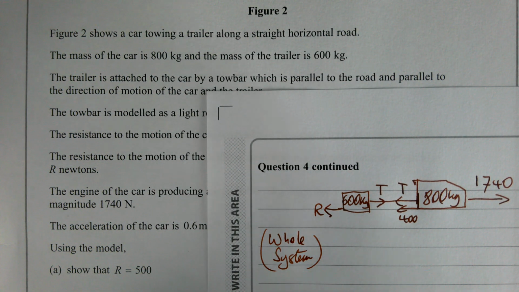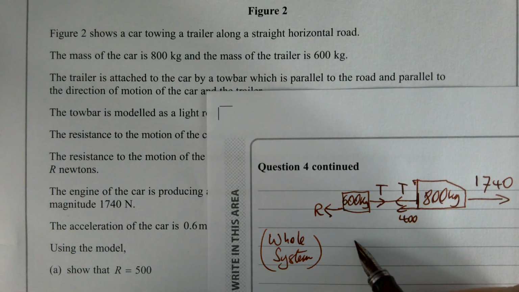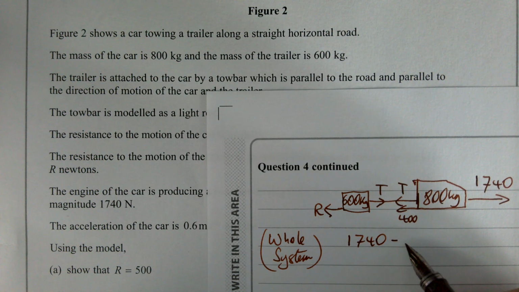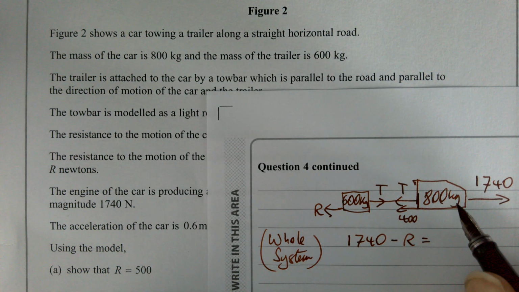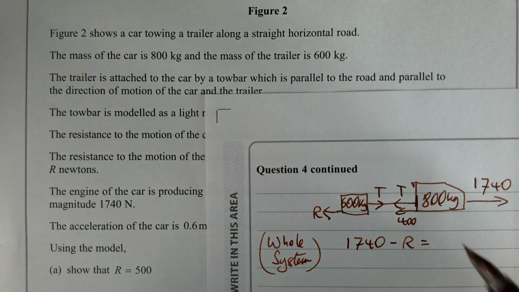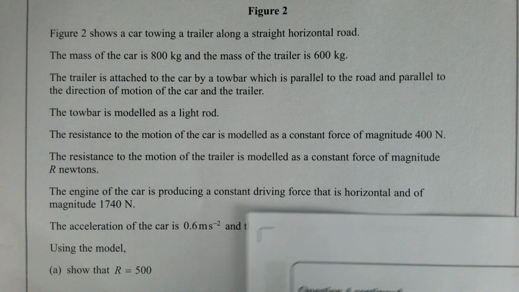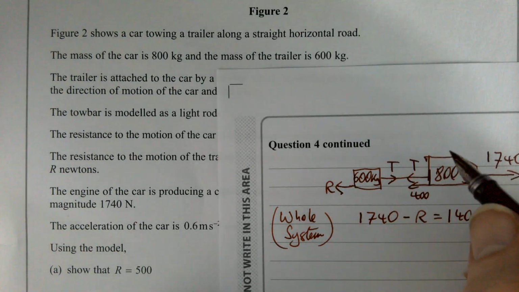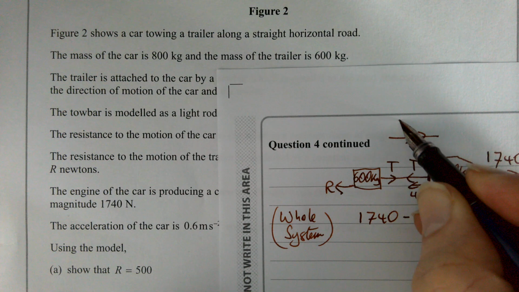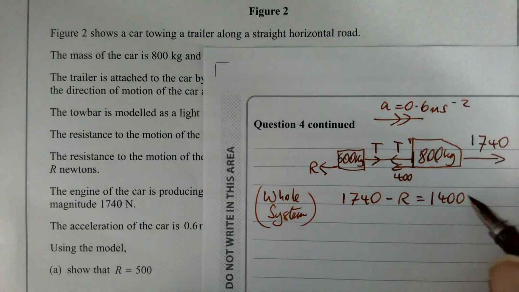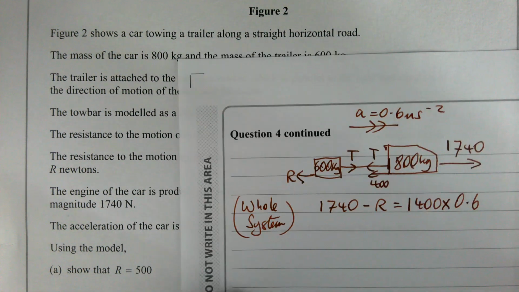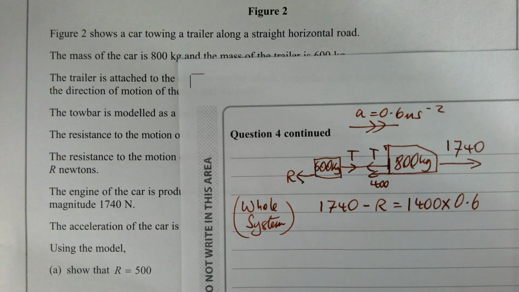Then we'd have force equals ma, so 1,740 minus R is going to be equal to the whole weight times the acceleration, so that'll be 1,400 kilograms, and the acceleration is 0.6. I should have that on our diagram. And times 0.6.